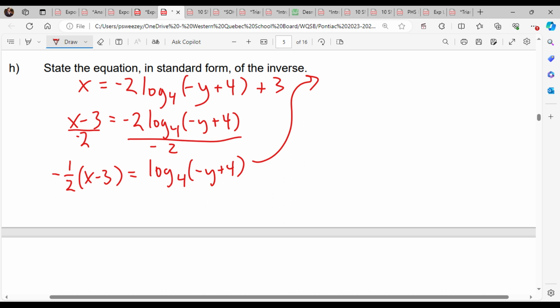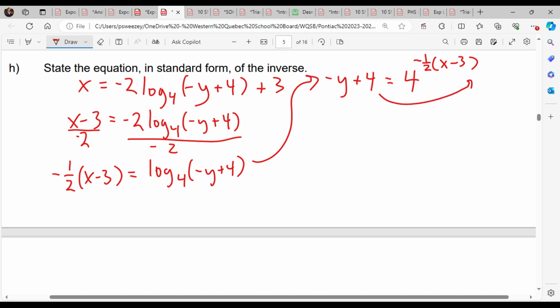So the first thing that I would suggest is to take this guy here and put him on the other side. I'm going to set my actual base there, and then to the power of -1/2 x minus 3. Now I've got something that looks more like an exponential function.